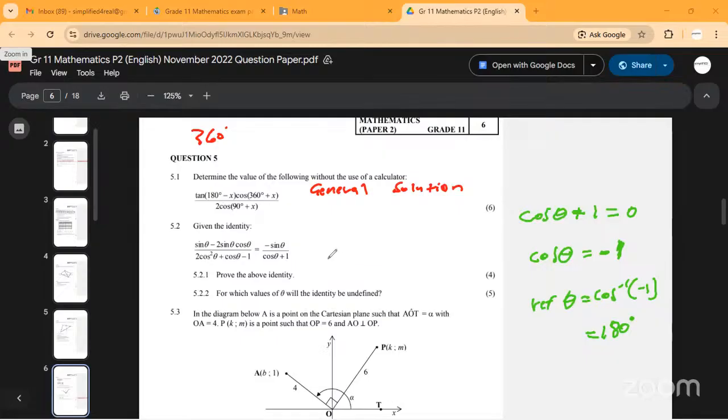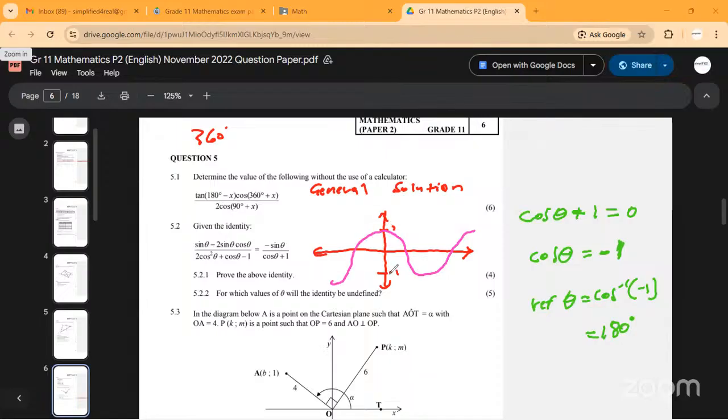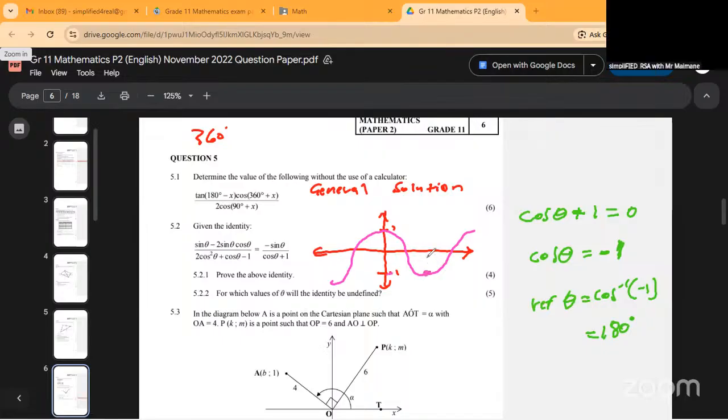And if I was to plot a cos graph, the amplitude is going to be 1 and minus 1, such that the graph goes like that, and at minus 1, that's where you get 180, right?